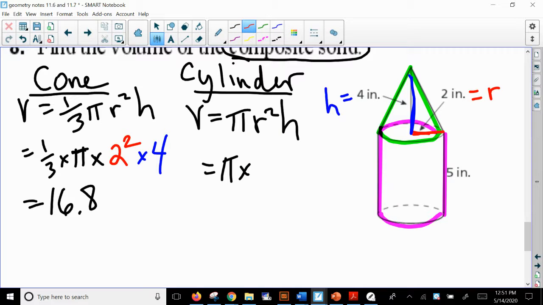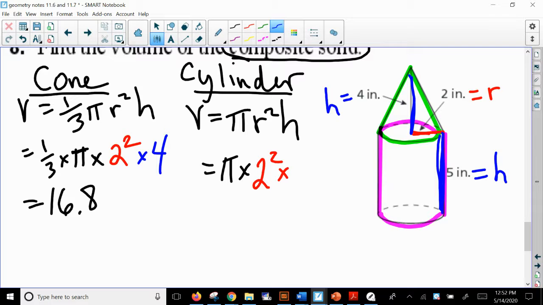The radius of the cone is the same as the radius of the cylinder. Okay, see that? The bottom of the cone is still the top of the cylinder. So my radius is 2, so 2 squared. Times the height. Do not get got. This is the height of the cylinder. That's how tall the cylinder is right here. So my h for the cylinder is 5.